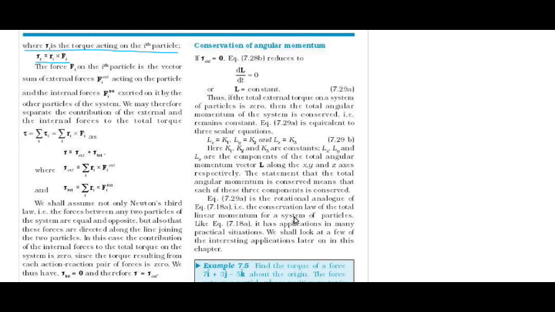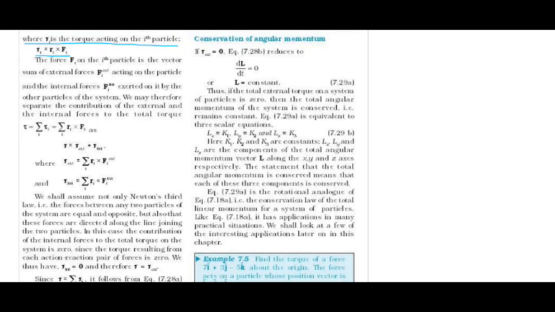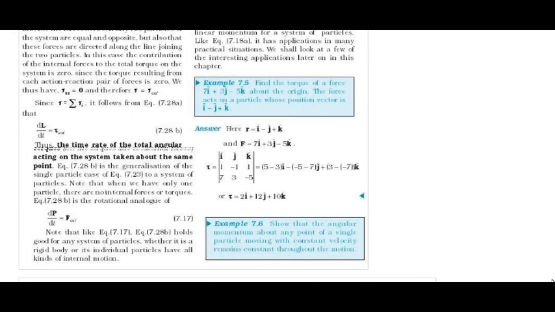So the total torque is due to the external torque, since the internal torque is 0. Since tau is equal to sigma tau i, it follows from equation 7.28a that dL by dt is equal to tau external.